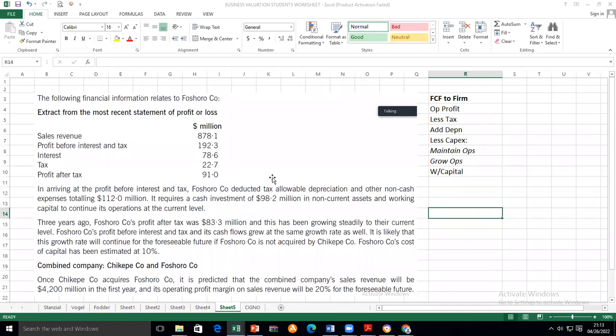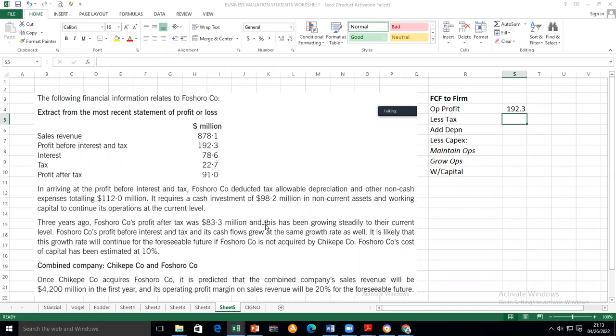Let's fill in. Operating profit, 192.3. Less tax.